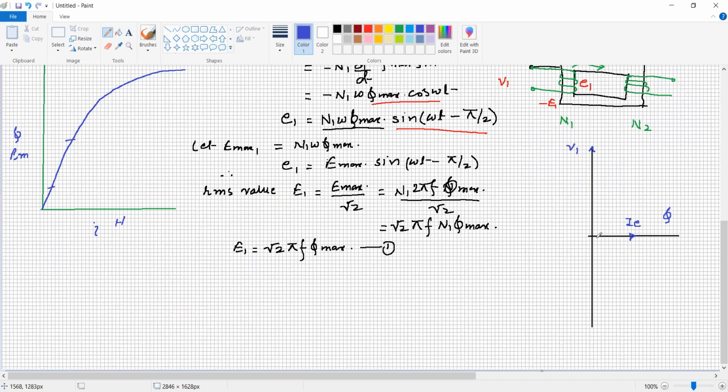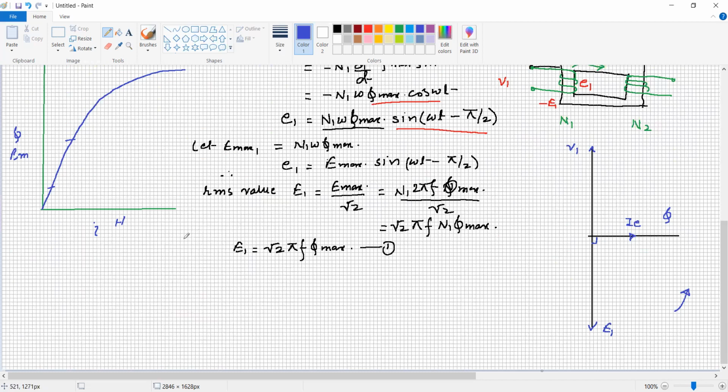It induces an EMF E1, which is lagging by 90 degrees, always in the anti-clockwise direction. So the EMF induced in the primary winding is lagging by 90 degrees with respect to the flux.